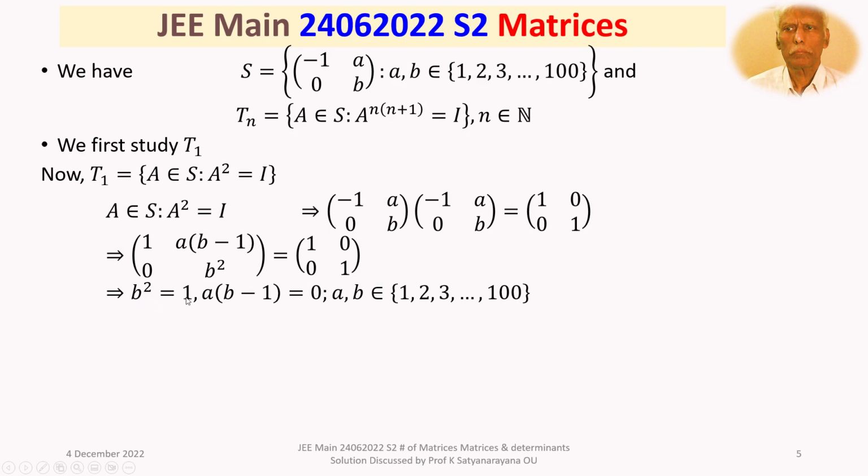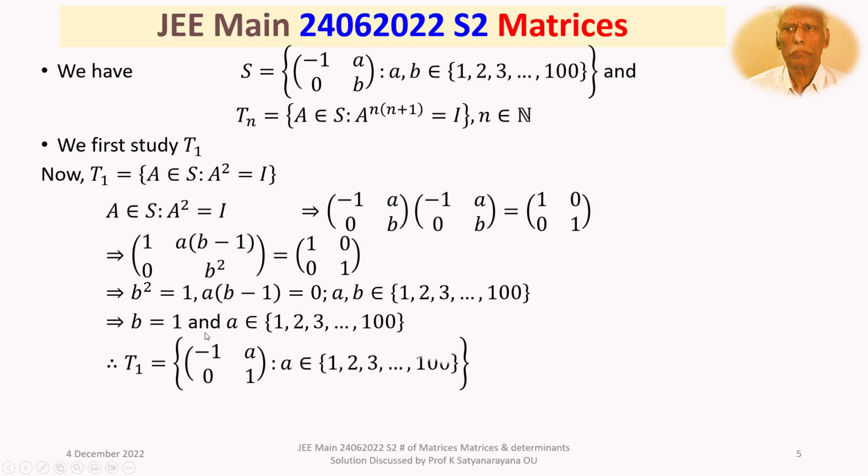Now B square is equal to 1 and B from this set implies B is equal to 1. When B is 1, A times B minus 1 is 0 irrespective of the value of A, so A can be any value from 1 to 100.